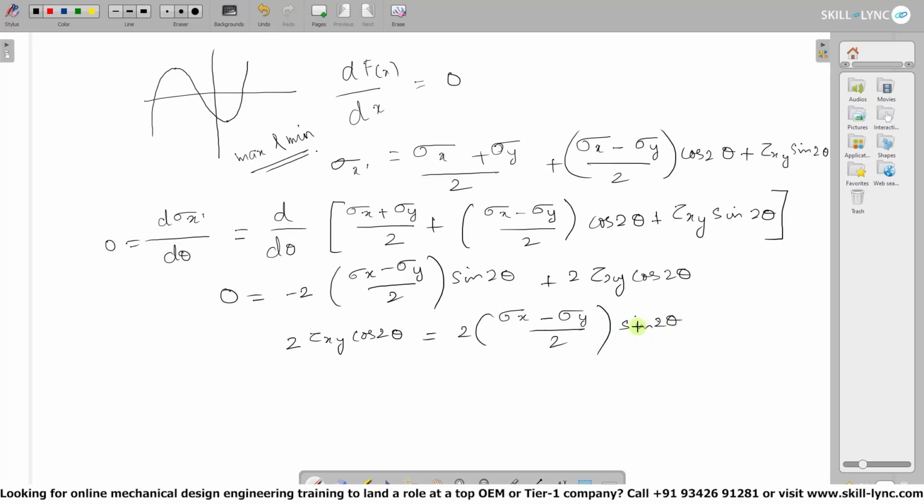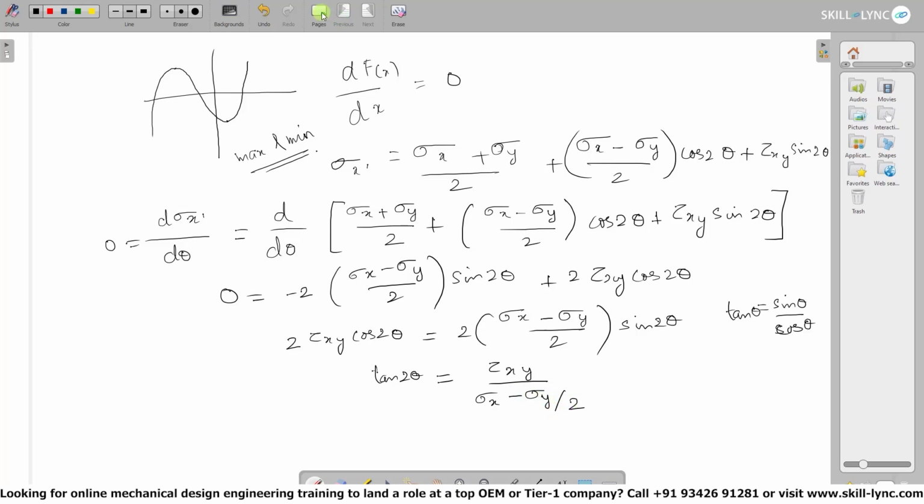Now if we reorder the equation, we'll get tan 2 theta, because if cos and sin are reordered, we know by trigonometry that tan is equal to sin by cos. So tan 2 theta is equal to tau xy by sigma x minus sigma y divided by 2.